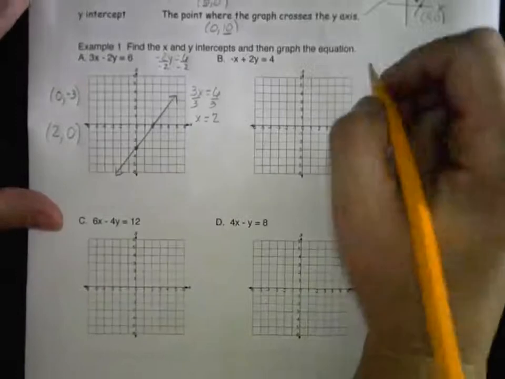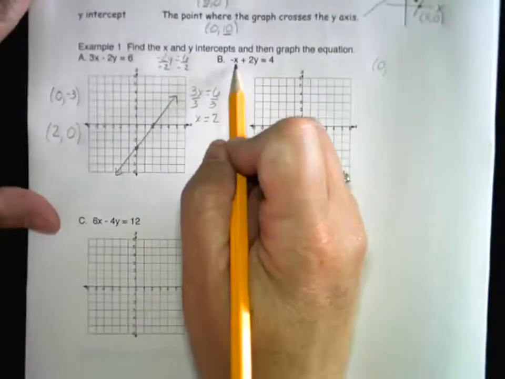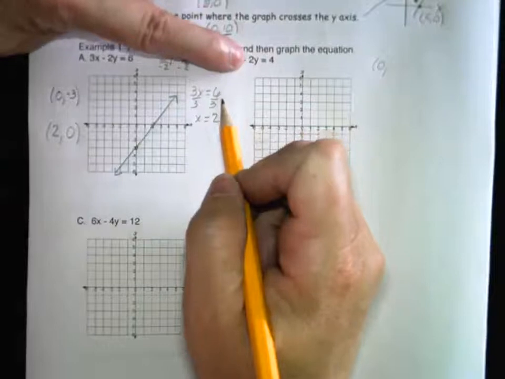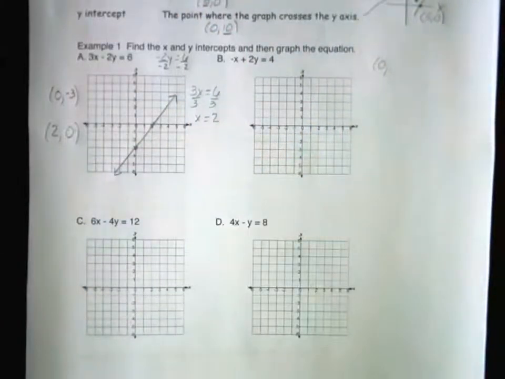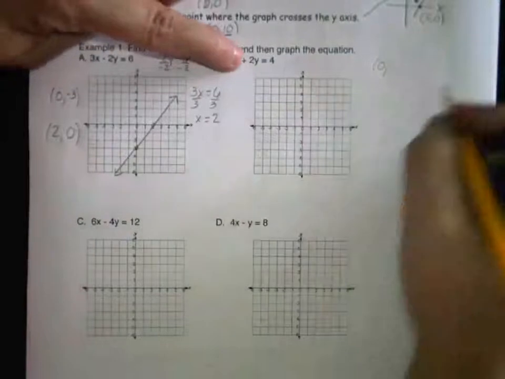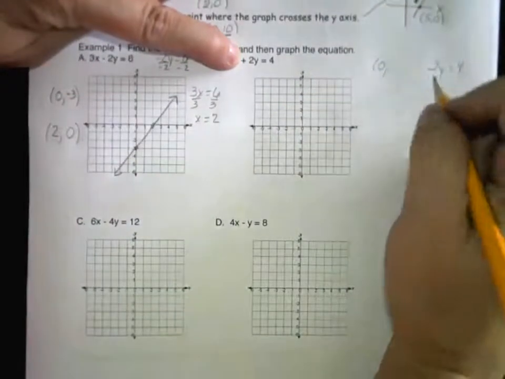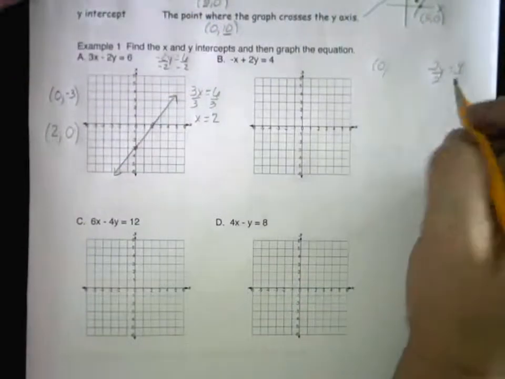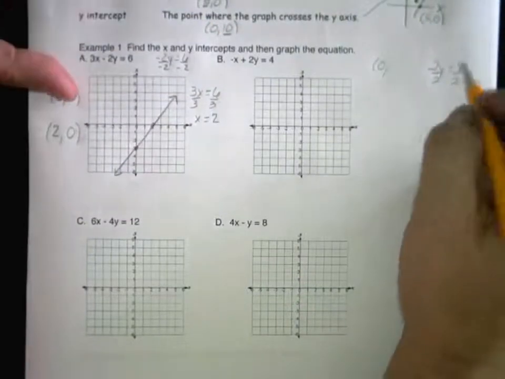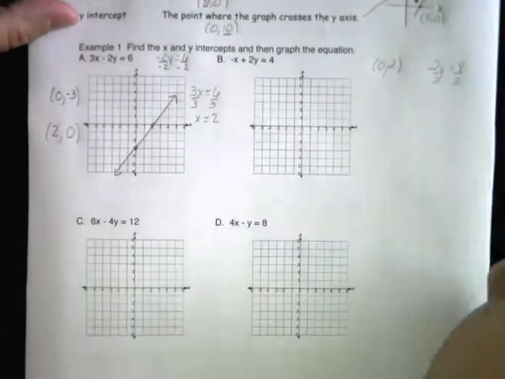Example B, we have to let x be 0. If x is 0, and we cover that up because it cancels out, you have 2y equals 4. When you divide both sides by 2, 4 divided by 2 is 2.